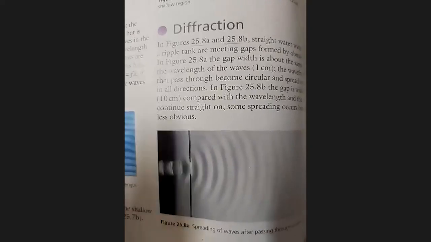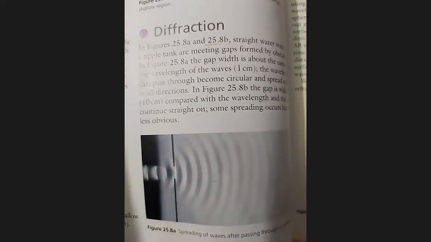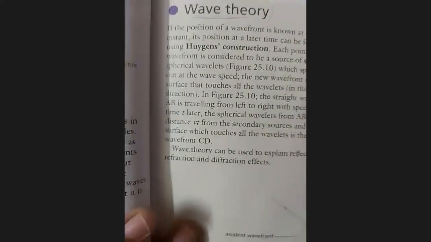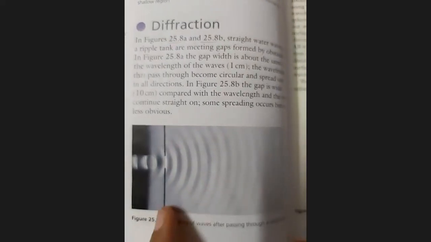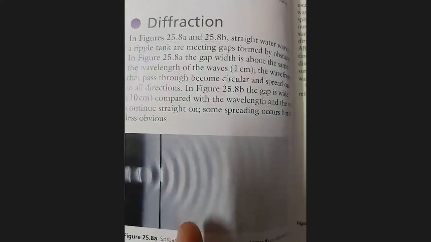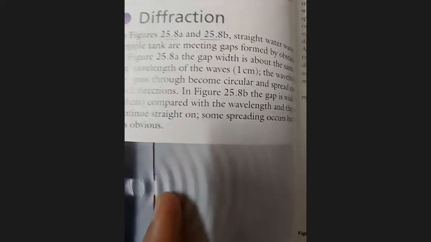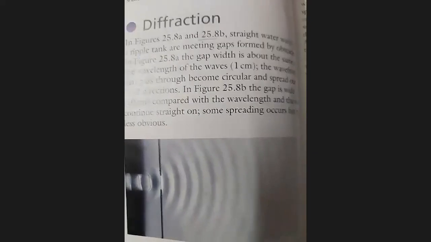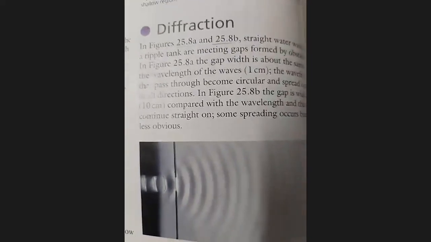So if you have a ruler only, you can convert those straight waves into circular waves by then using a board or something. But yes, provided you do have a board with a slit, and the width of the slit is the same as the wavelength. If it's not the same, then you will have to adjust the size of the slit.